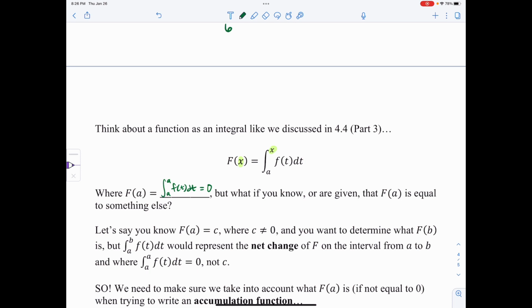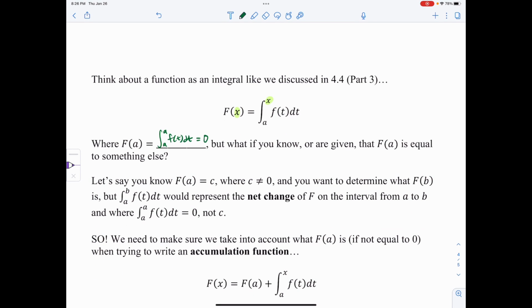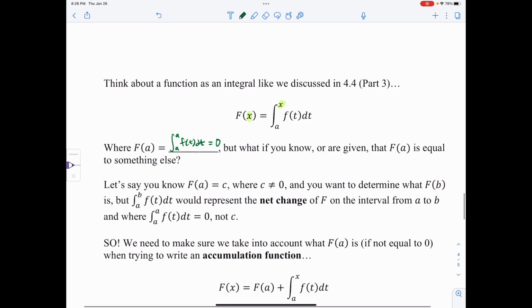Like, what if you are given a function value for capital F, or whatever the antiderivative of the function that you're integrating is. So let's say that you know that capital F of A is equal to C, where C is not equal to 0.